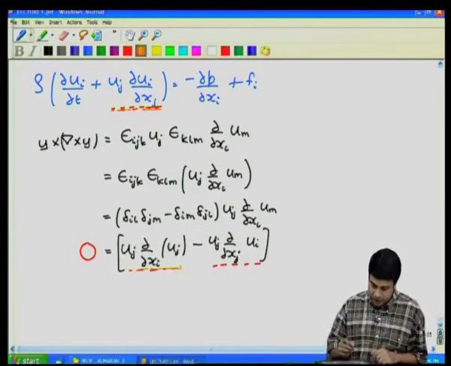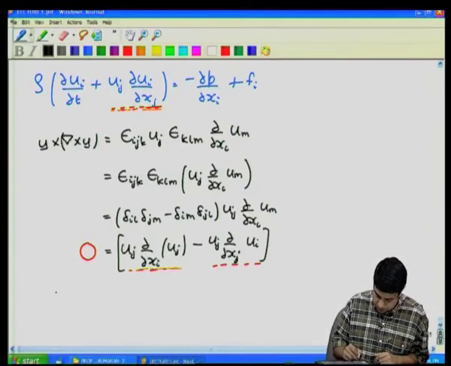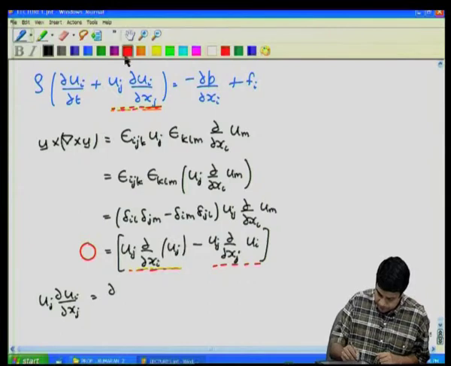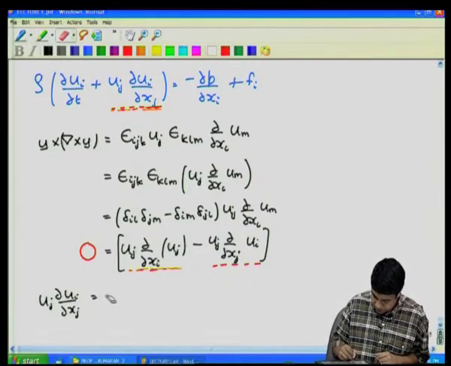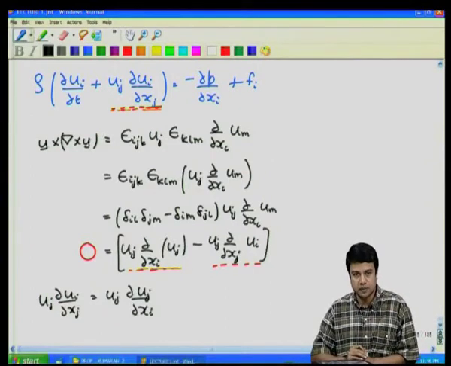So, this basically tells me that uj partial ui by partial xj is equal to uj partial uj by partial xi.